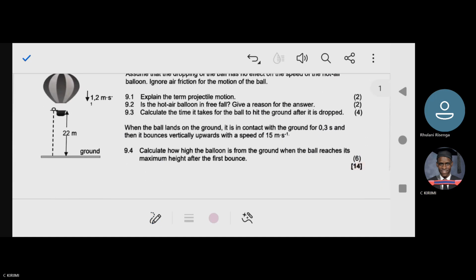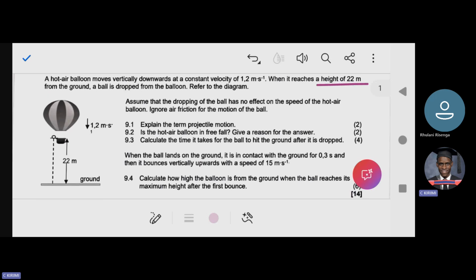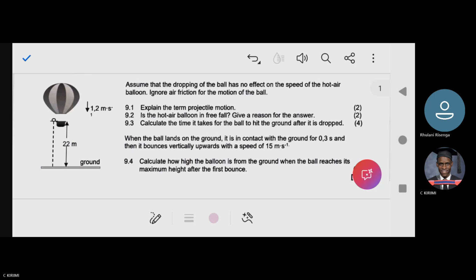Yes. Then the change in y. What is the change in y when you're calculating the time? 22 meters. Is it positive or negative? Negative 22 meters.